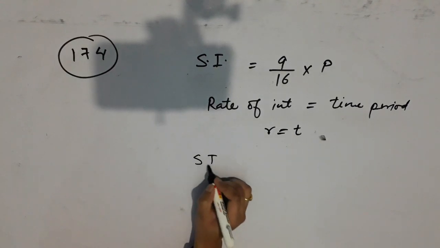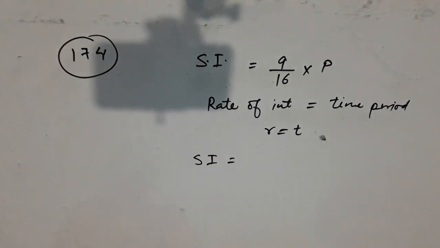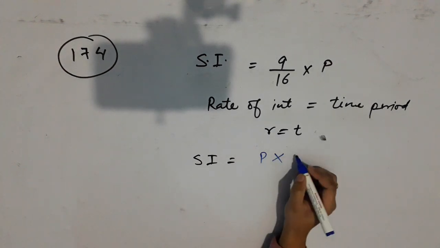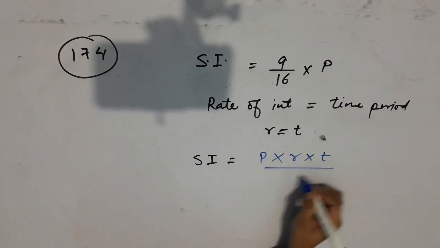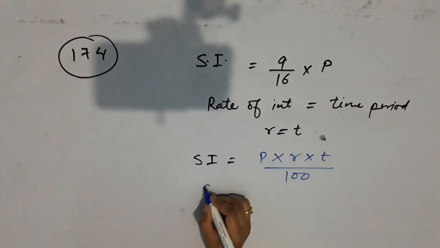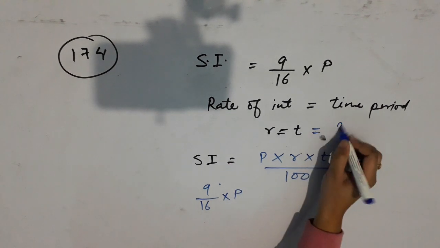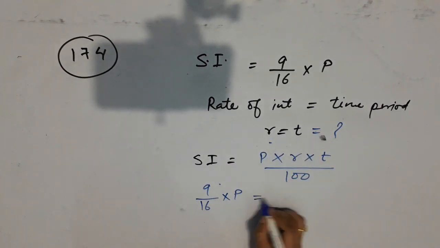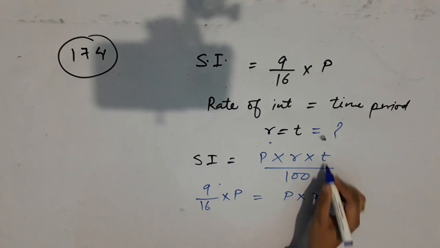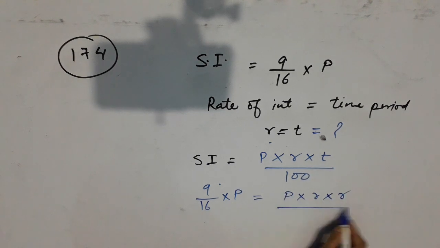So the formula of SI is P into R into T upon 100. SI is given as 9 upon 16 into P, and he is asking you the value of R and T. So P into R into, you can substitute T as R also, by 100.